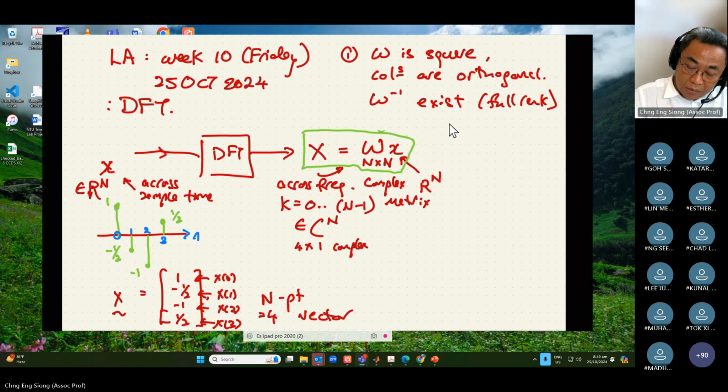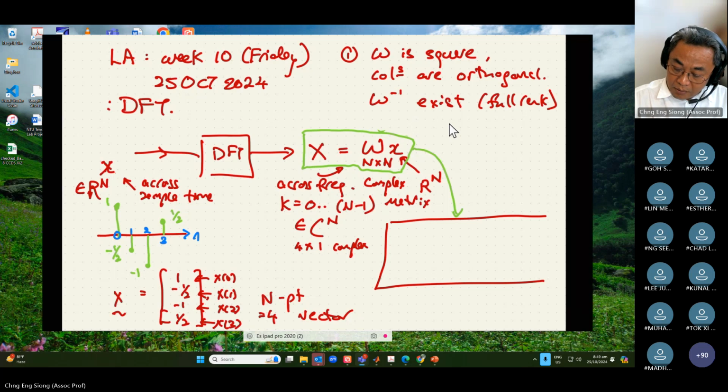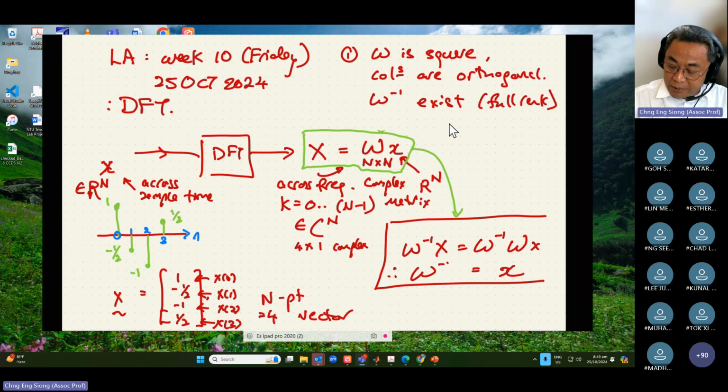Therefore, once I have done this problem, I can do this problem. W minus 1 X is equal to W minus 1 W x. Therefore, small x is equal to W minus 1 big X.